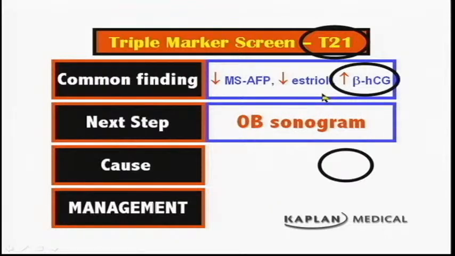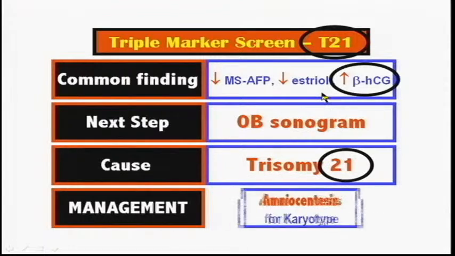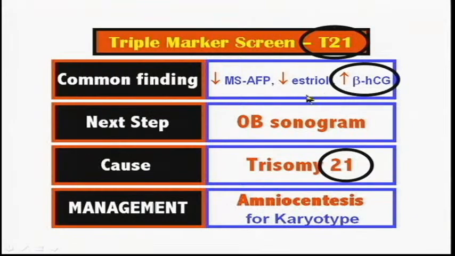What are we concerned with? Trisomy 21. How are we going to confirm or rule it out? Amniocentesis for karyotype. Now, a lot of these are going to be false positives. But we need to make sure that the risk of the abnormality is greater than the risk of the procedure. And the pregnancy loss rate with amniocentesis is quoted as about 0.5%.